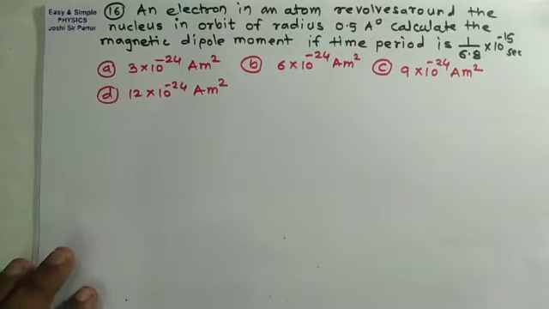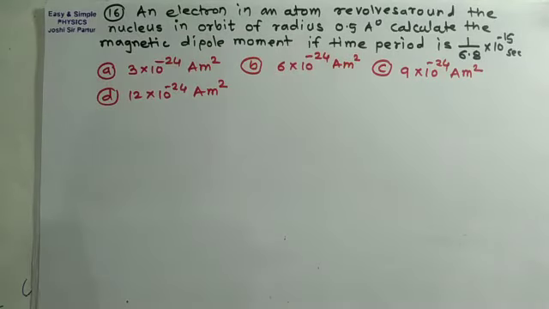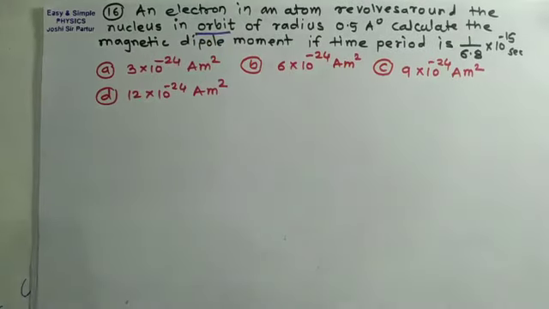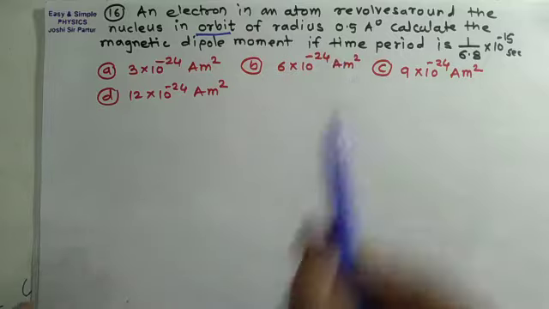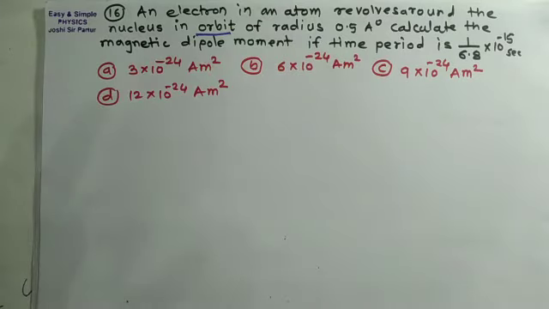Again, an electron in an atom revolves around the nucleus in an orbit of radius 0.5 angstrom unit. Calculate the magnetic dipole moment if the time period is 1 upon 6.8 × 10^-15 second.